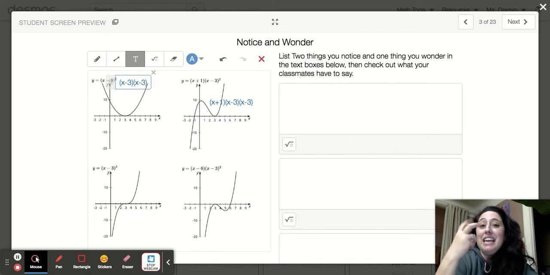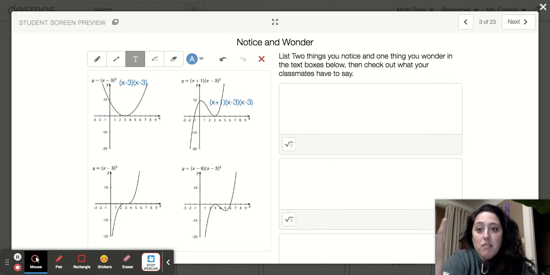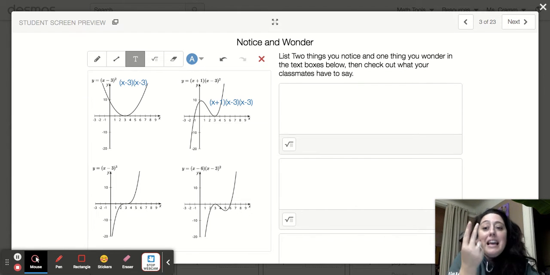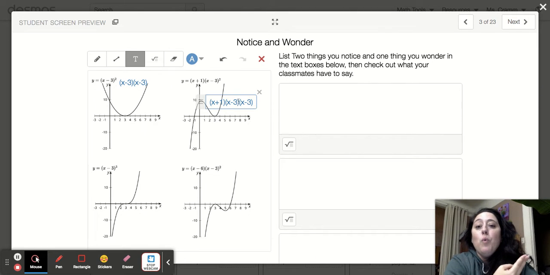Anytime you have an even multiplicity, that means it's going to bounce off the x-axis. So if you see here, I'm going down. My x-intercept is a positive 3. We should know that, because I see x minus 3 repeated an even number of times, and even means bounce and go the other direction. Again, here I have x plus 1 as a factor, so there's my zero of negative 1.